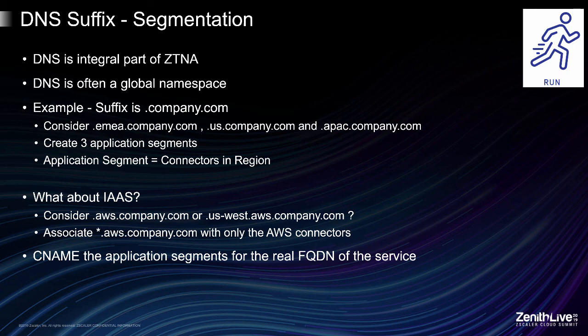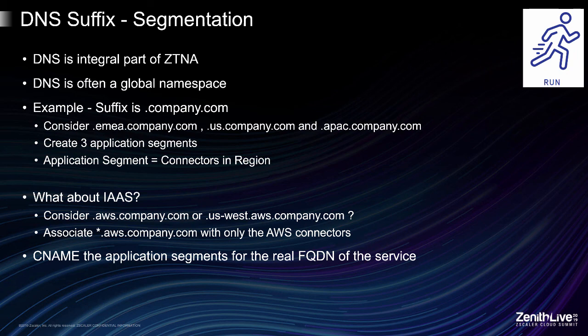The US.company.com, I associate with a connector group for just my US connectors, and the same for APAC.company.com. It starts to give me control as to which connectors are going to participate in that request. It also gives me visibility as well.